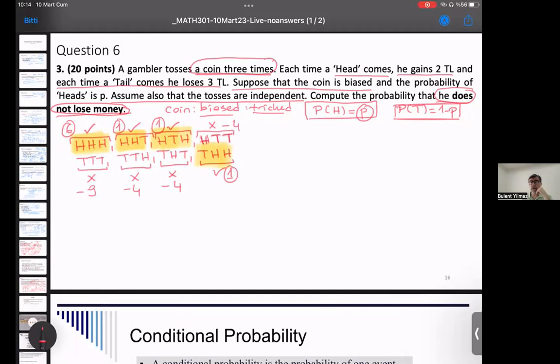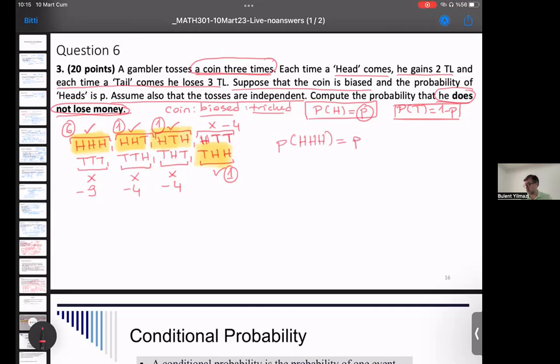Yes. So let's focus on the probabilities of these situations. What's the probability of obtaining 3 heads? P cubed, right?